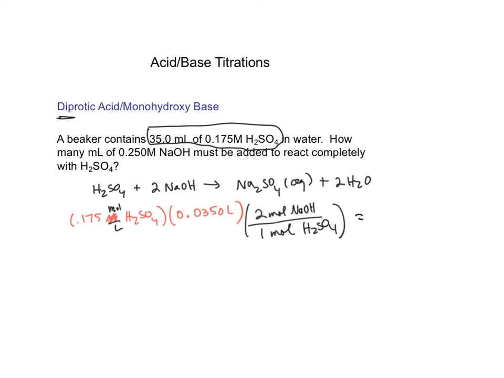Let me do it again. 0.175 times 0.035 times 2. Okay, that's the amount needed to neutralize the sulfuric acid.